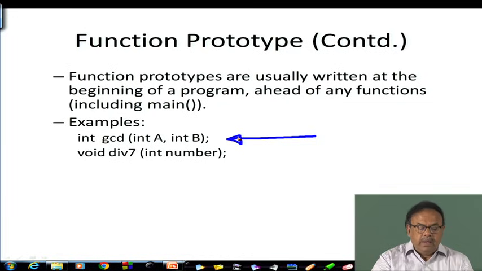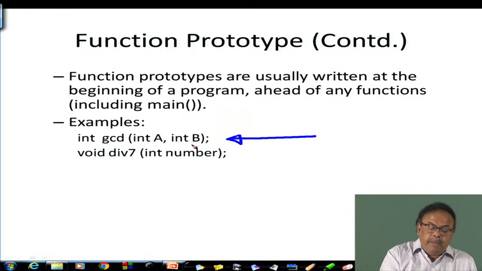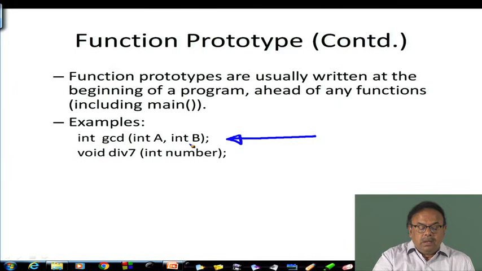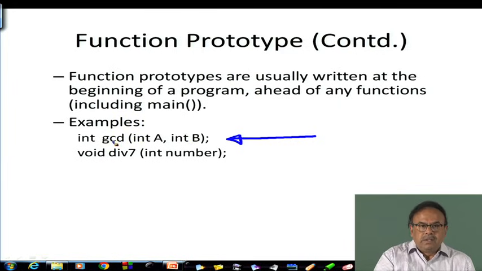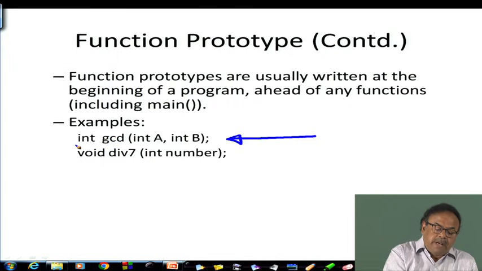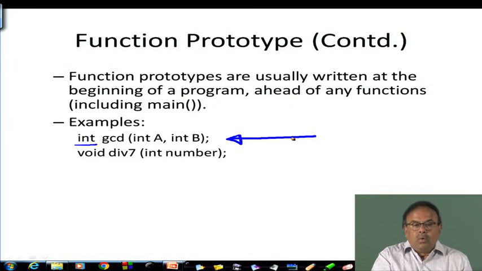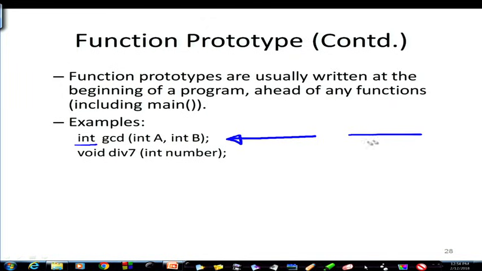A and B are the parameters and GCD is a function of return type int. So, just by this prototype I know the basic interface, whatever is the body of GCD, I know its input and output.